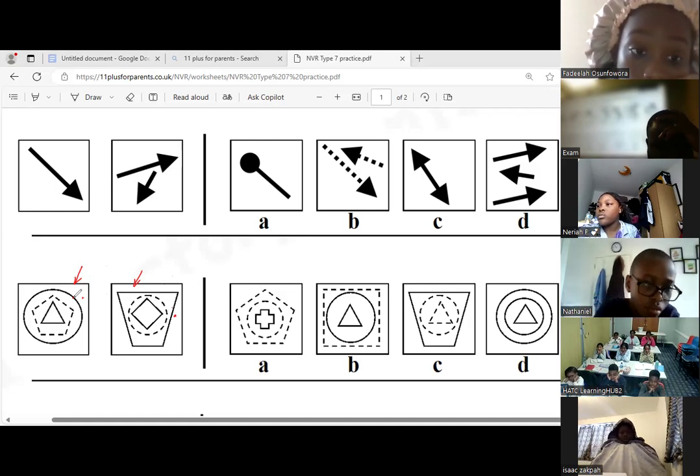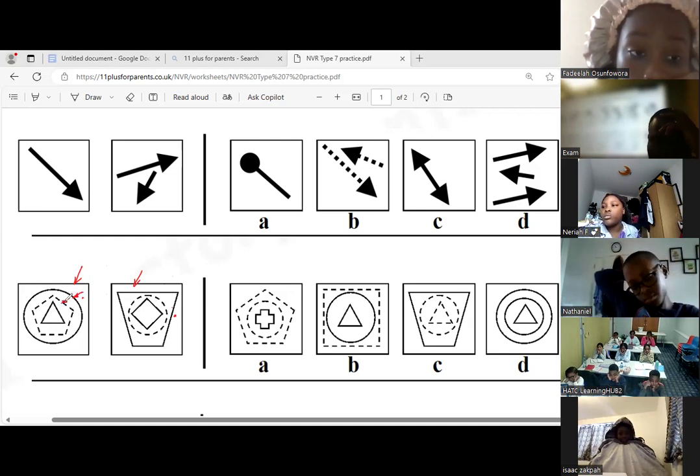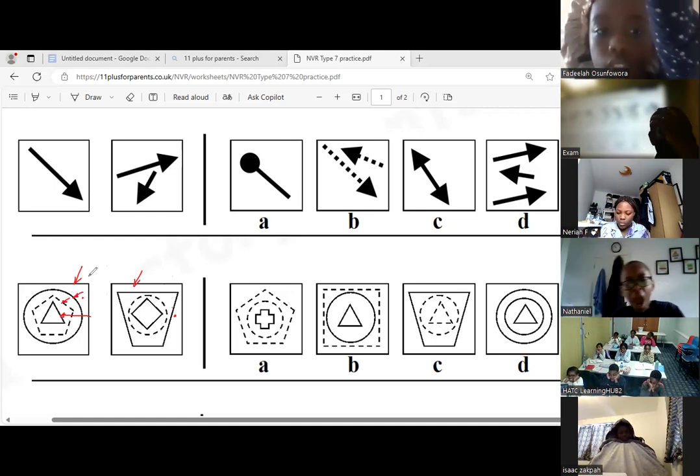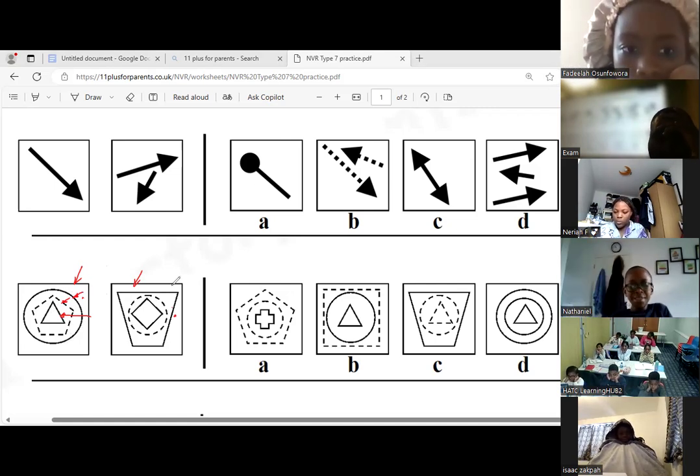But let's look at this. You realize that the outside is what? Thick. The inside is what? Broken. Or the middle is broken. And the final one also is what? Is continuous line. Yes or no? And what is that rule? What is that rule I'm asking you? Thank you. So let's look again. The outside is what? Thick. The inside is what?